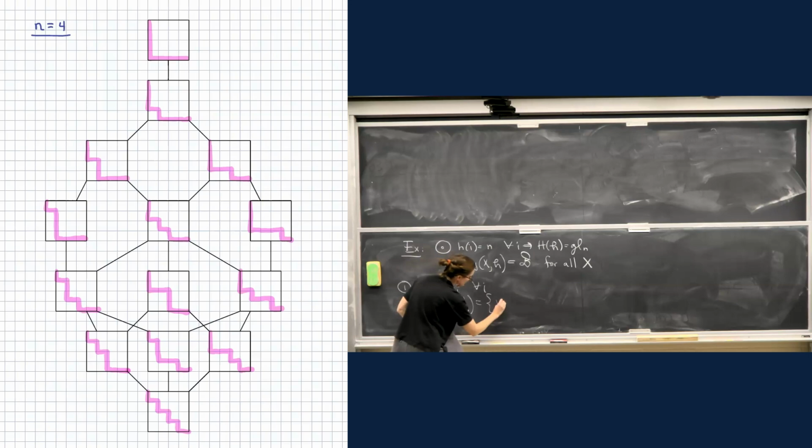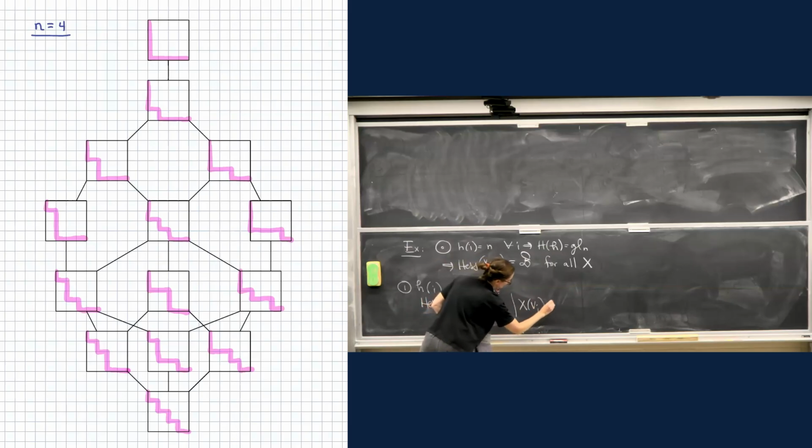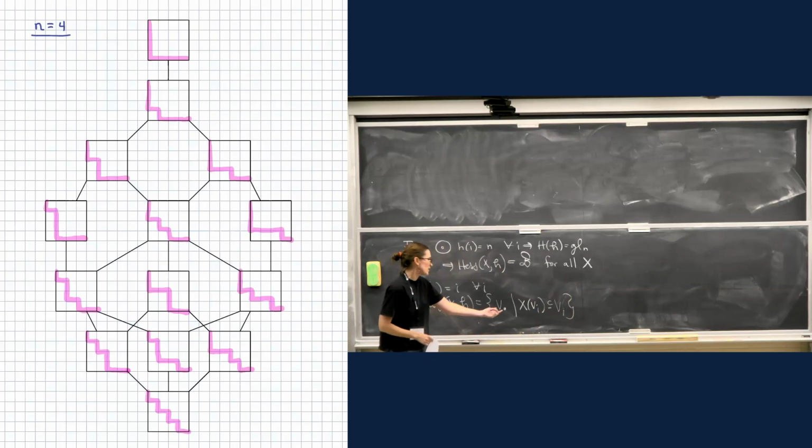If I think about the flag definition, h(i) equals i means I'm requiring that the ith subspace be mapped into the ith subspace. This is a variety that has been studied in the literature. It's called a Springer fiber.